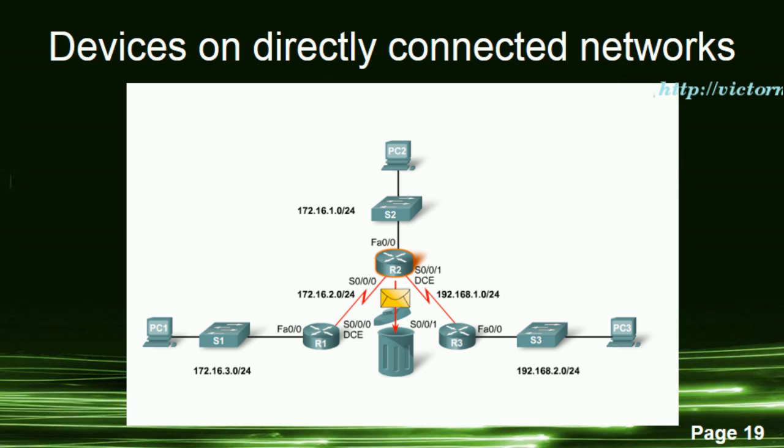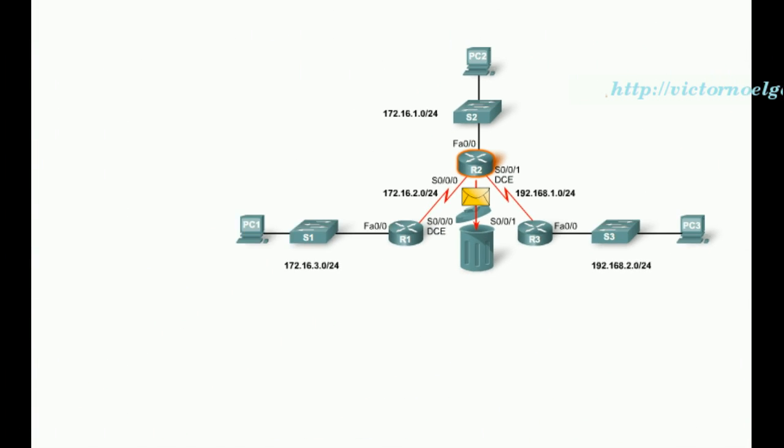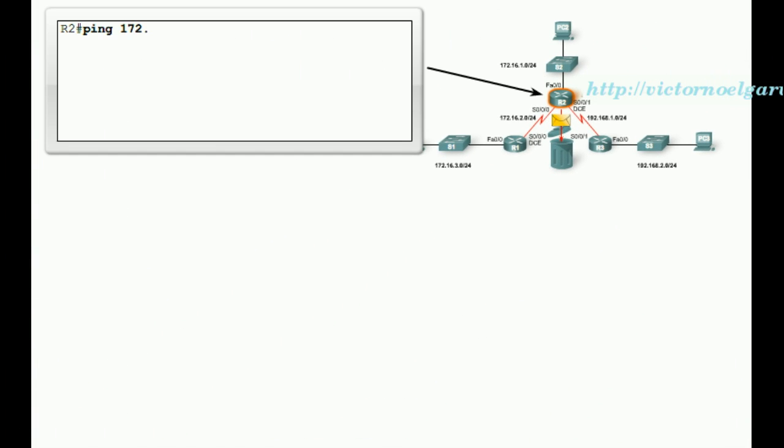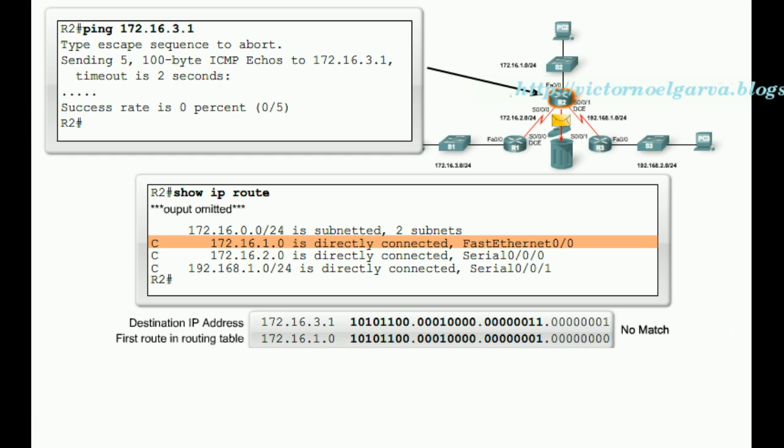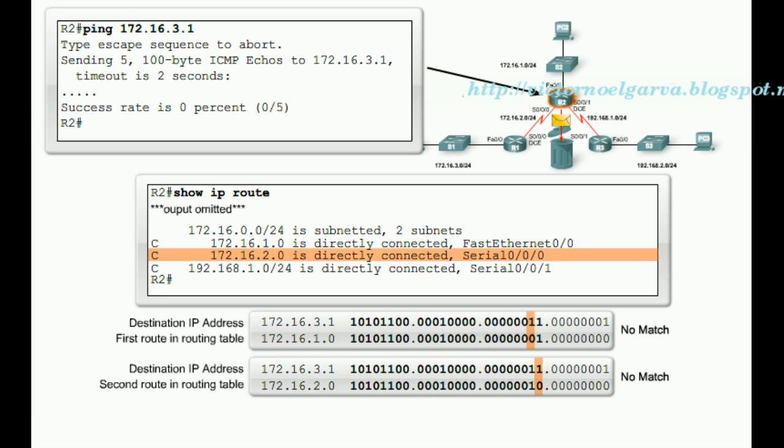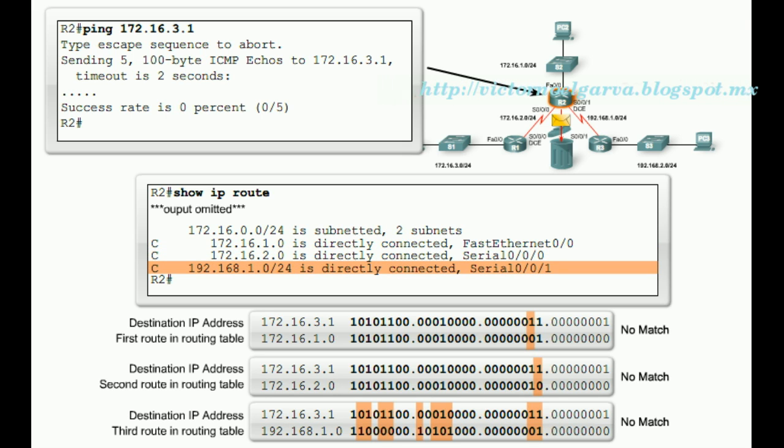172.16.1.0/24 network. If you convert these addresses to binary and compare them, as shown in the animation, you will see that the first 24 bits of this route do not match because the 23rd bit does not match. Therefore, this route is rejected. In the animation, we see that the first 24 bits of the second route do not match because the 24th bit does not match.